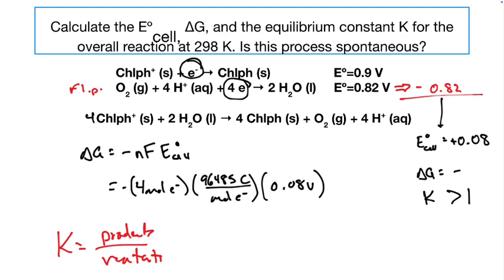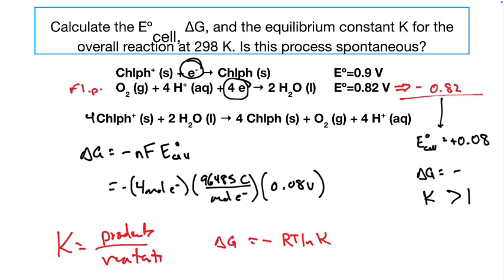How else do you calculate K? Say again? Negative RT ln of K. That doesn't allow me to solve for K. What does that equal? That equals delta G. Do I know delta G?